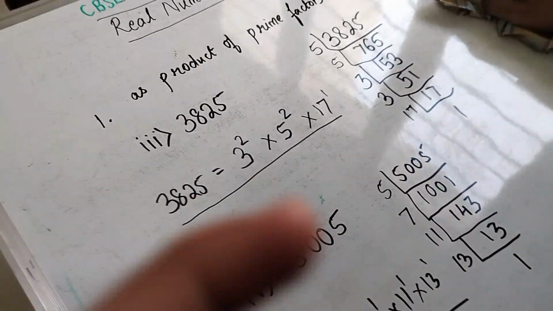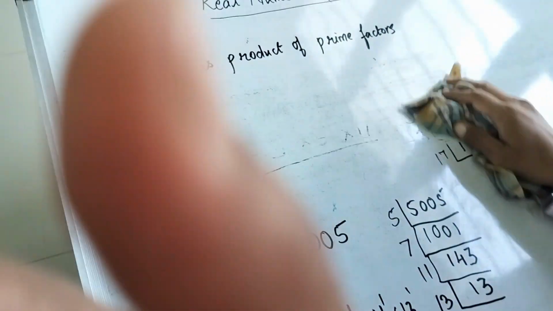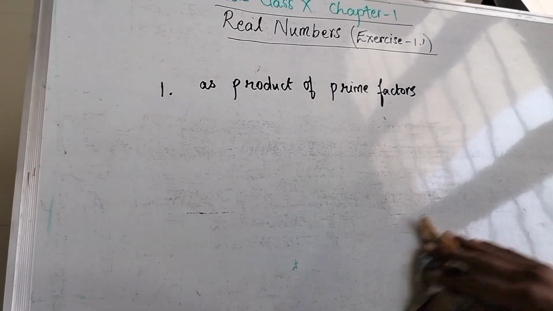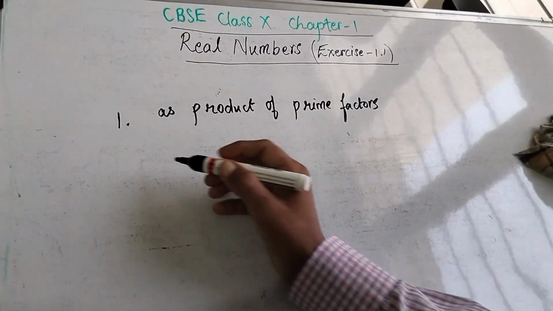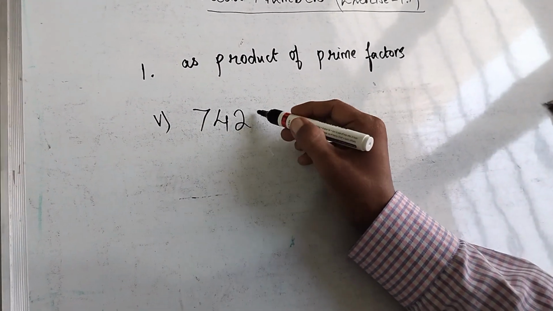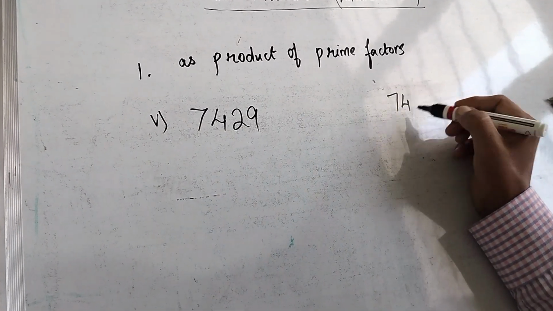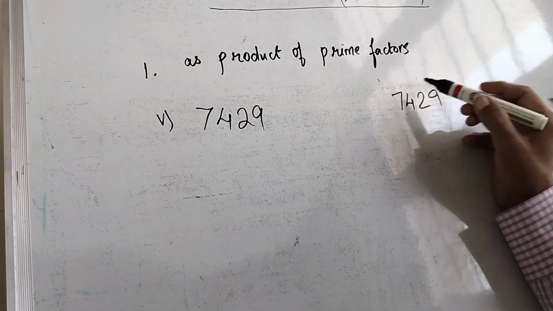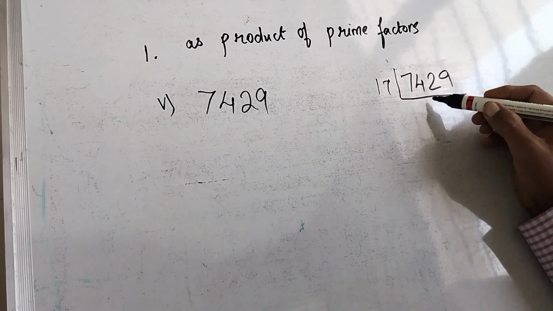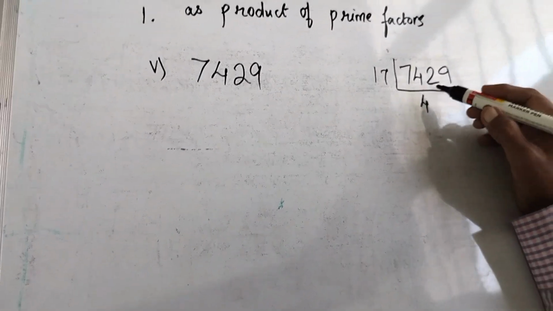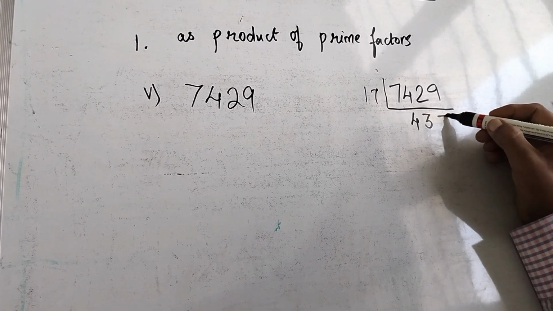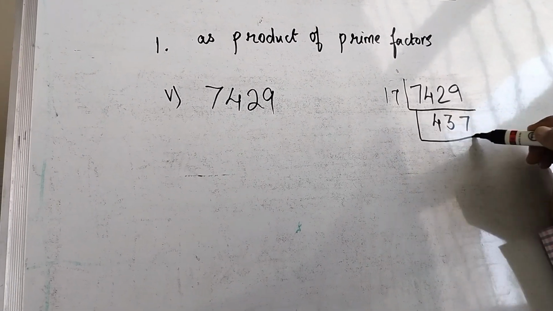Now we will see the fifth question. In the same question, the sub question of fifth is, number is 7429. The factors are 17 4s are, then comes 17 3s are, and 17 7s are.